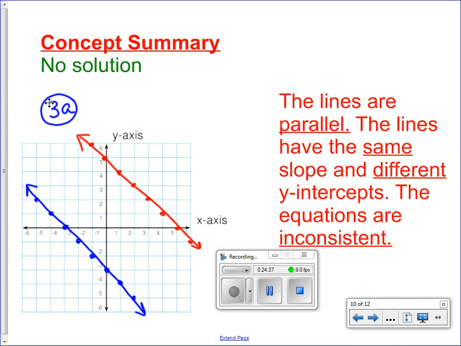The lines have exactly the same slope, which was -1, and different y-intercepts. One has a y-intercept, the blue line, of -3. The red line has a y-intercept of 5. These equations are inconsistent. And that's what we call a system that has no solution.